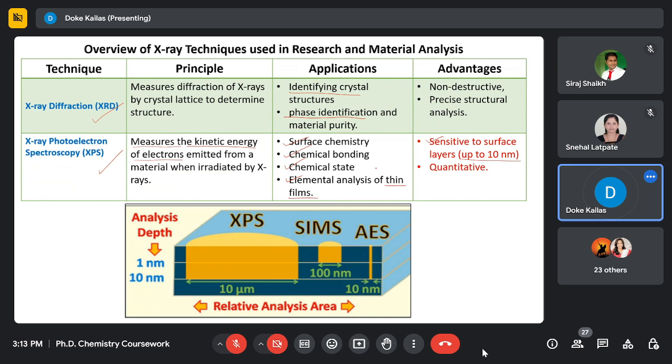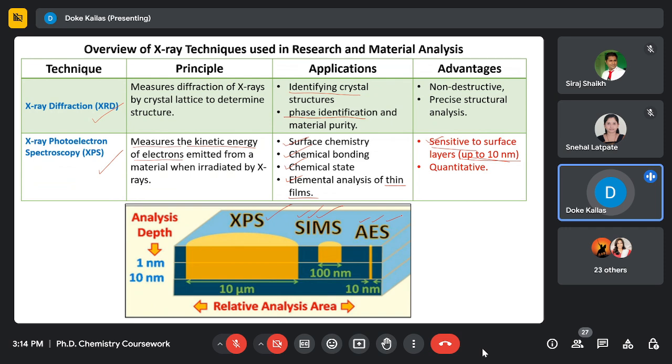And the third one is similar to X-ray photoelectron spectroscopy, but the electron is ejected because of Auger emission. So that spectroscopy can also be useful for surface analysis. So what is the difference and which technique is more sensitive? If you compare these three techniques, photoelectron spectroscopy, secondary ion mass spectroscopy, and Auger electron spectroscopy.